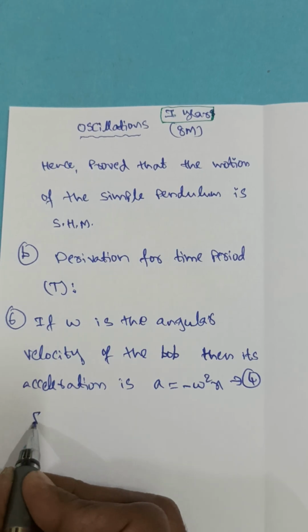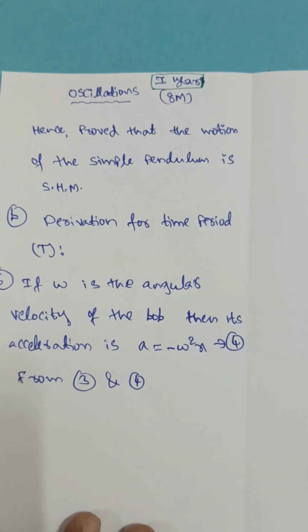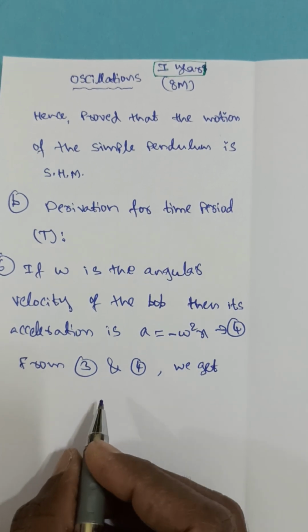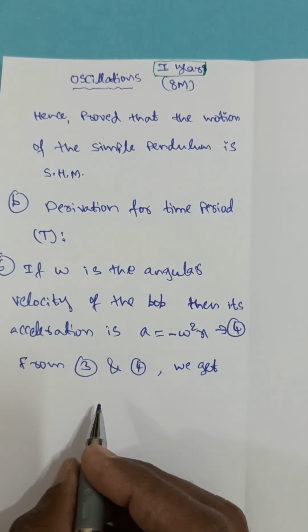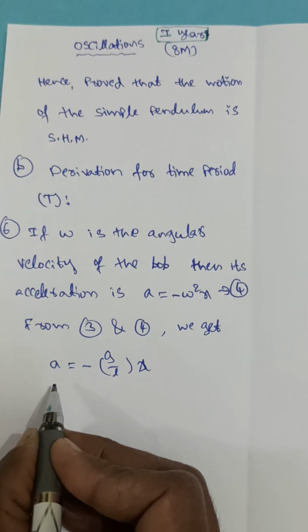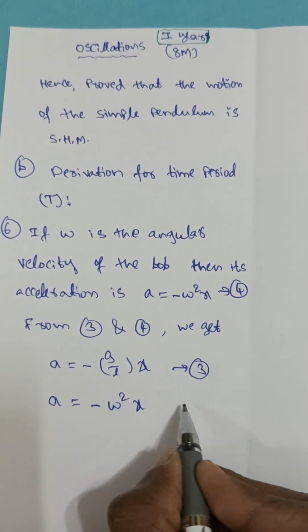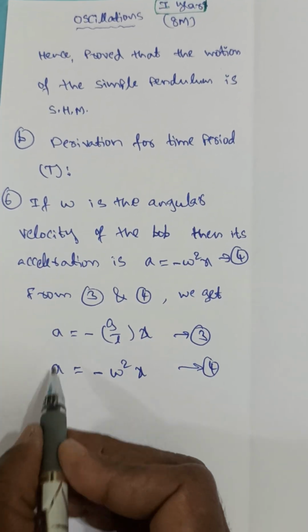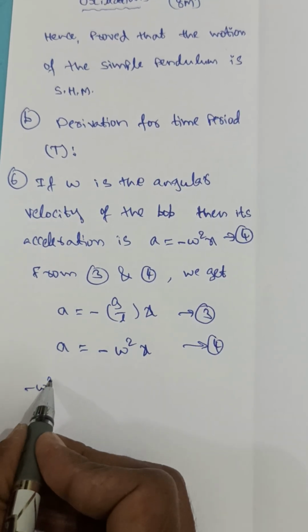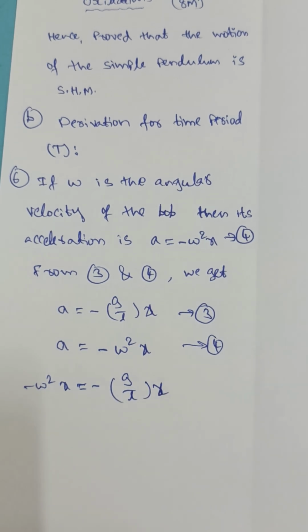So from third and fourth equations, both are equal, minus omega square x is equal to minus g by L into x.